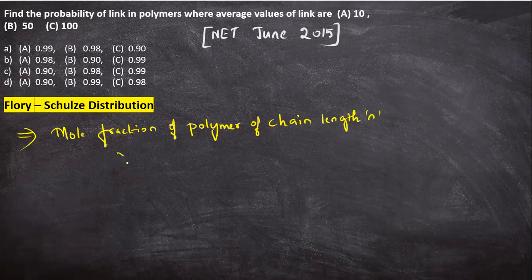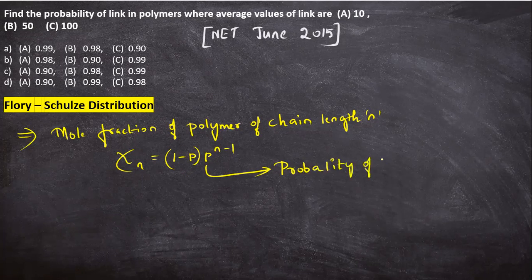There is a formula to calculate the mole fraction of the polymer of chain length n, which equals 1 minus p into p raised to n minus 1, where the main thing you need to remember is p. What is this p? p is nothing but the probability of linkage.